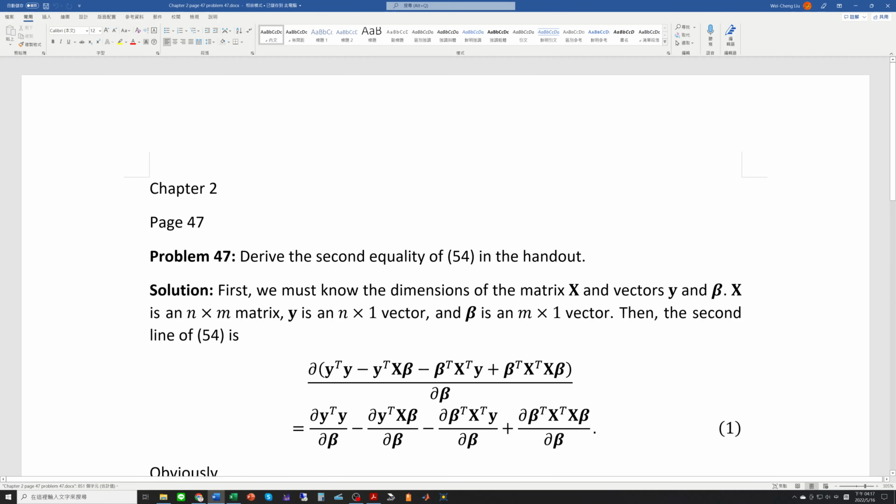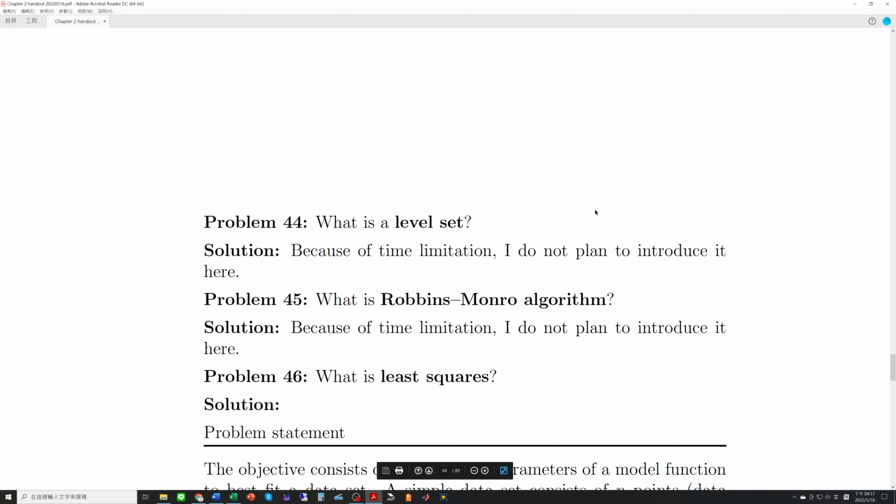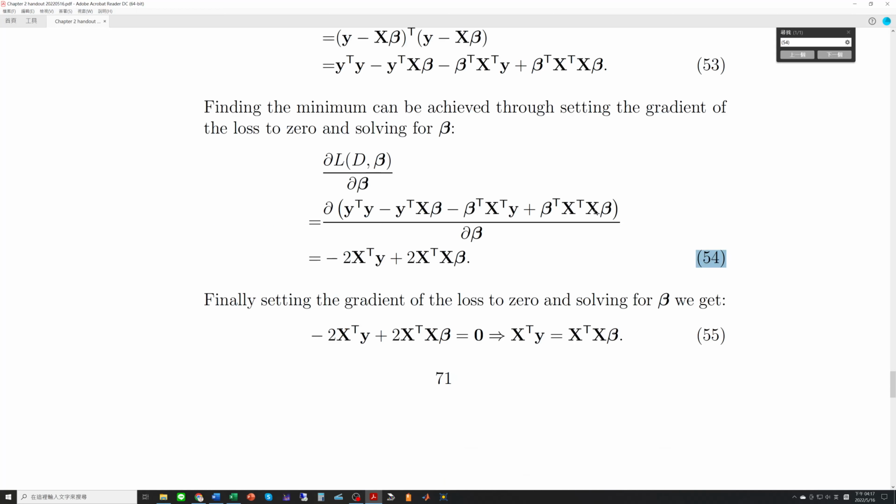So we are deriving the second equality of equation 45 in the handout. Okay, let us go to equation 55, not 54, not 45. So we are deriving this equality now.